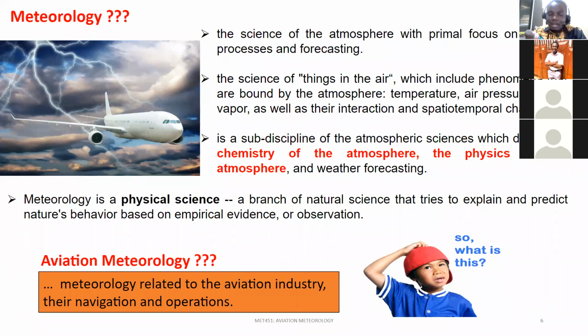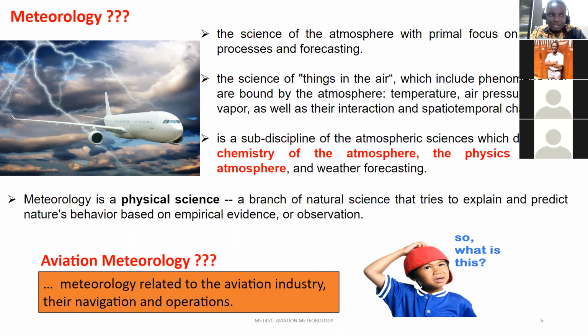We are looking at the meteorology itself and then how it affects the aviation industry, how it also impacts their operations, their movement, virtually everything. And also even the people themselves who are making use of the various aviation modes of transport.